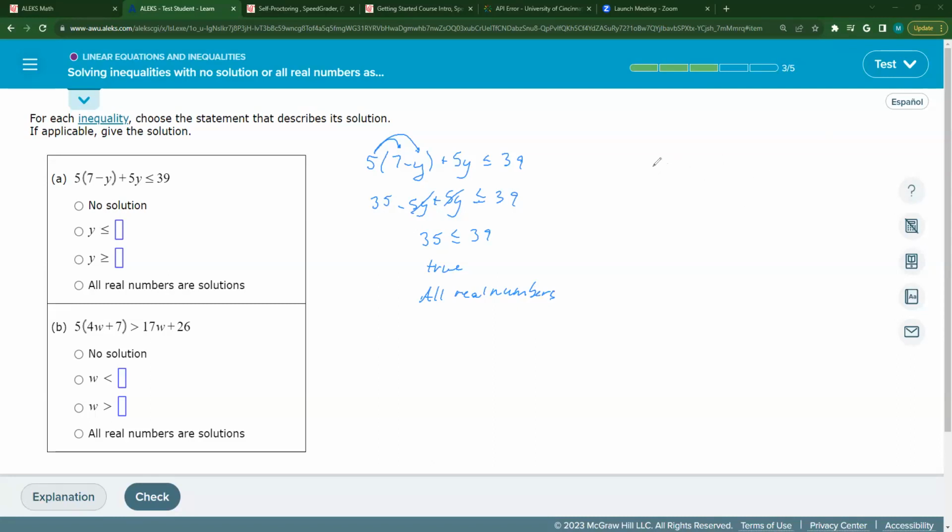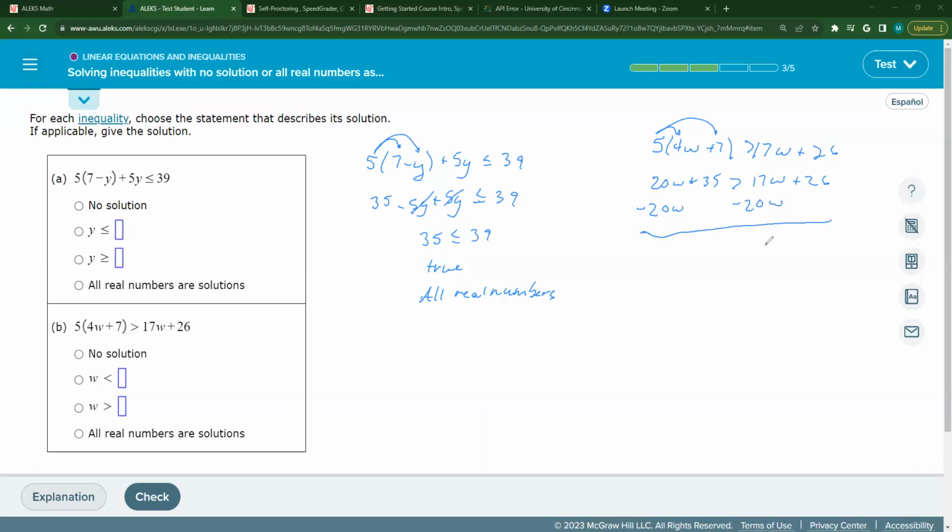All right, the next one, we have 5 times 4w plus 7 is greater than 17w plus 26. Distribute, we have 20w plus 35 is greater than 17w plus 26. Just because I can, we're going to subtract the 20w, so minus 20w, basically because I said I would earlier.